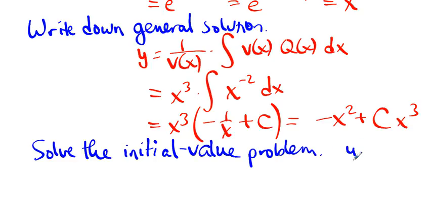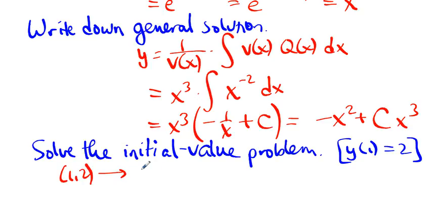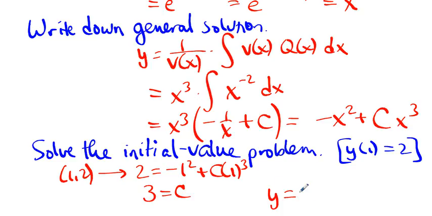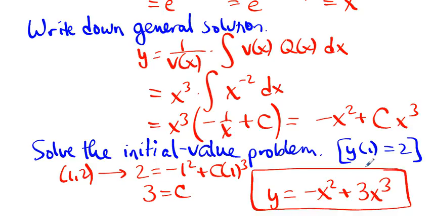We knew that when x was 1, y was 2. Well, that's easy. 1, 2 is my coordinate pair, so the y value is negative x squared plus some constant times 1 cubed. And that tells us that c is 3. And so the y is negative x squared plus c x cubed, and that solves the differential equation.